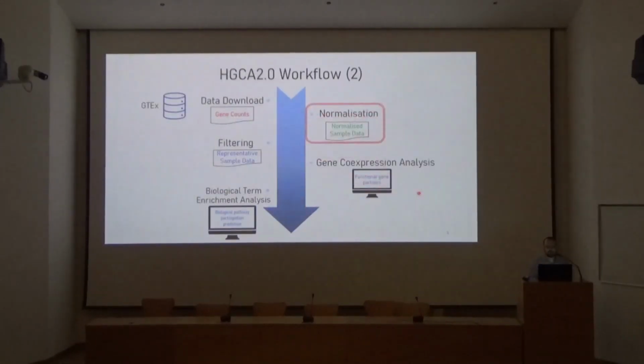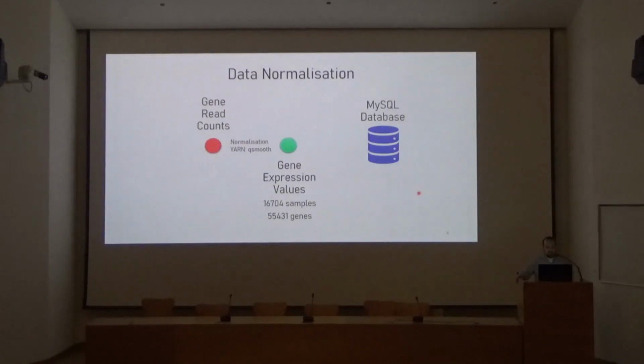So, the next part, after taking our gene read count data, is to normalize them. For that, we selected the Q-smooth normalization from the YARN R package, and the good thing about qsmooth is that it normalizes samples under some assumptions. The first one is that the distribution of the samples in the same tissue should be the same, but that doesn't need to be the same across the entirety of samples.